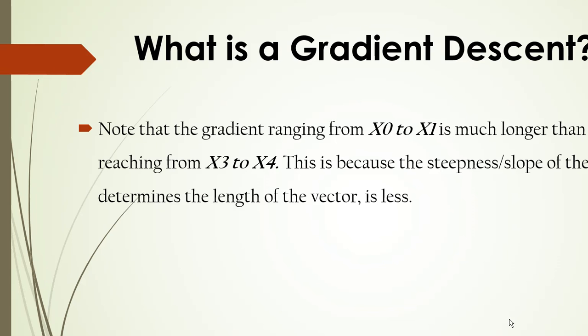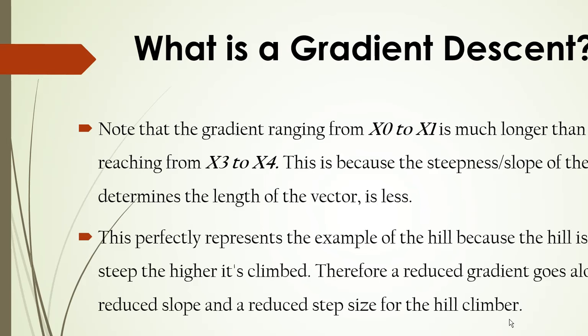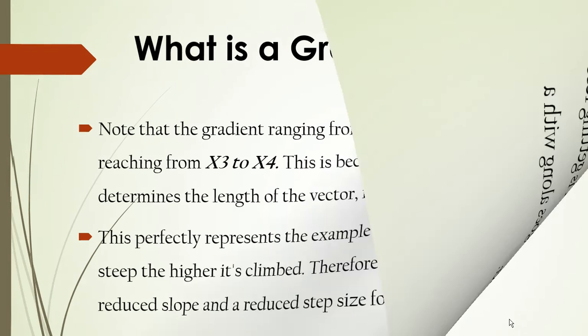This is because the steepness, or the slope of the hill, which determines the length of the vector, is less. This perfectly represents the example of the hill because the hill is getting less steep the higher he climbs. Therefore, a reduced gradient goes along with a reduced slope and reduced step size of the hill climber.